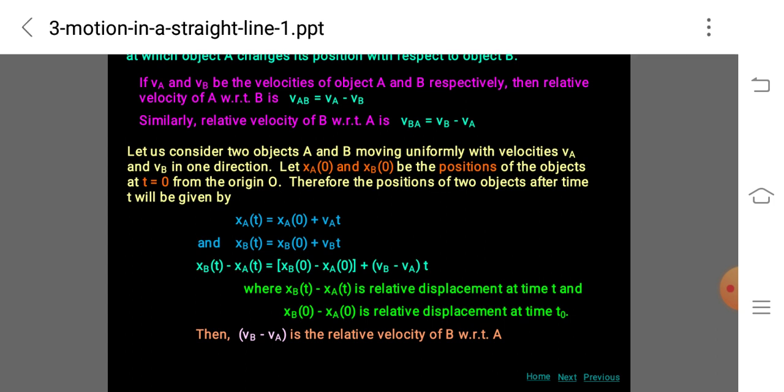Then we can write the relative velocity of object A with respect to object B as VAB = VA − VB. Similarly, the relative velocity of B with respect to A is just the reverse, that is VBA = VB − VA. So these are the two formulas for relative velocity.